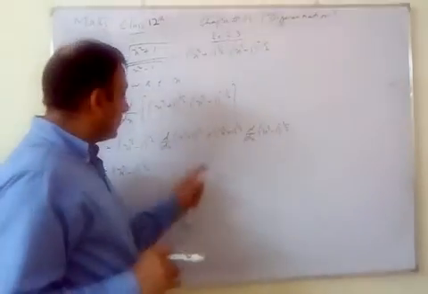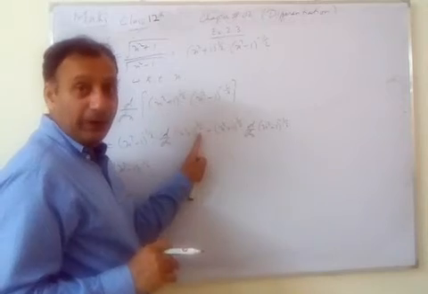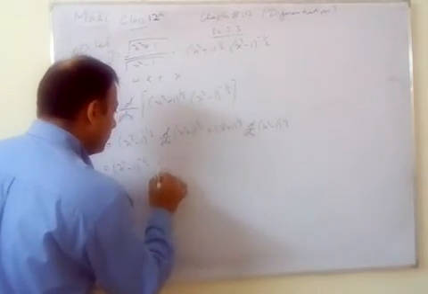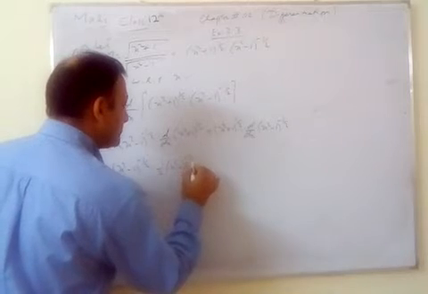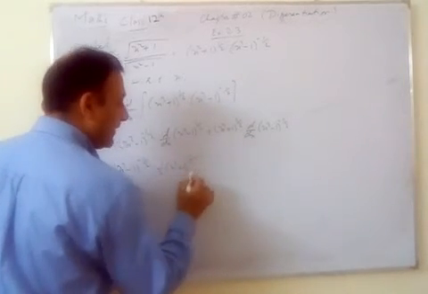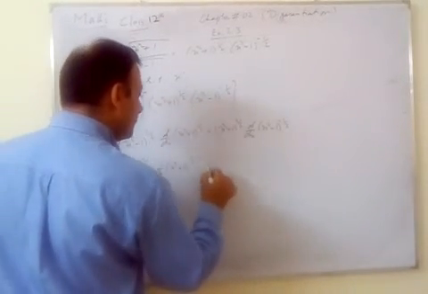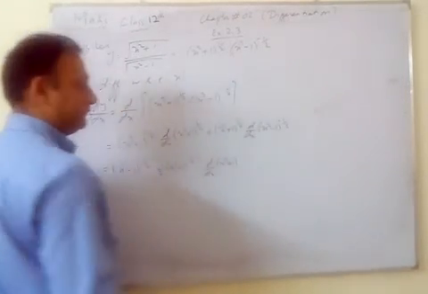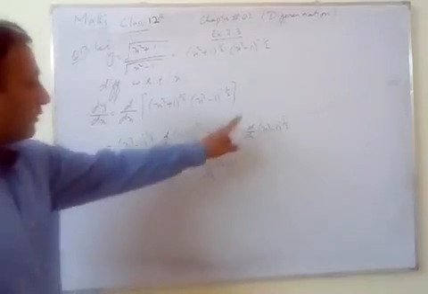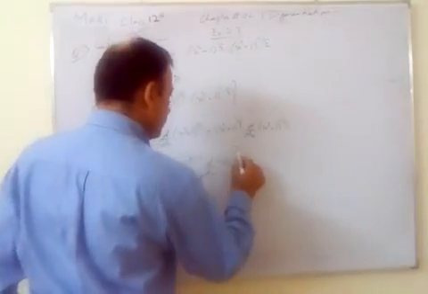Now as I told you that first of all we have to derivate the power. So 1 by 2 into (x square plus 1) power 1 by 2 minus 1 into derivative of x square plus 1. Now come to the second plus, this is the first part.